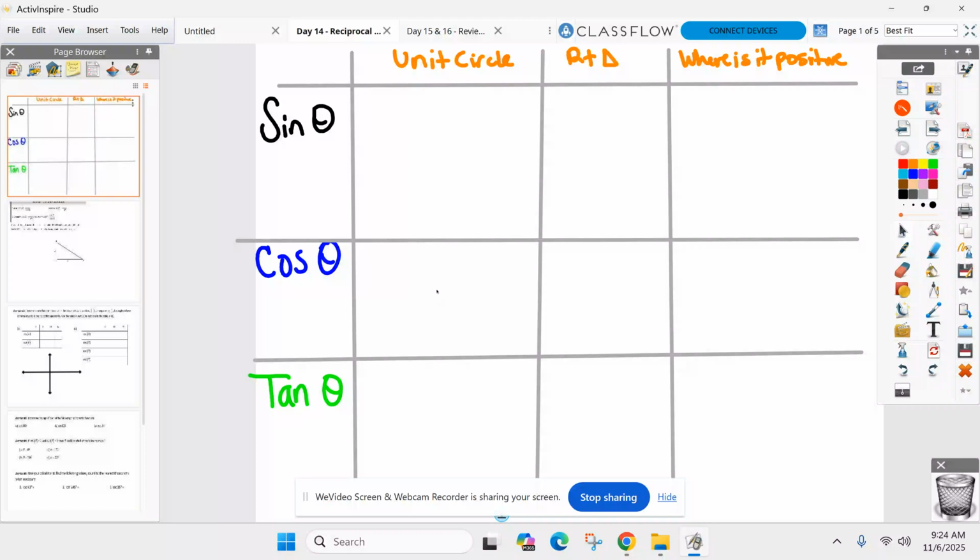Here's my chart. I got sine, cosine, and tangent on the left side. Up top, I got unit circle, right triangle. Where is it positive?